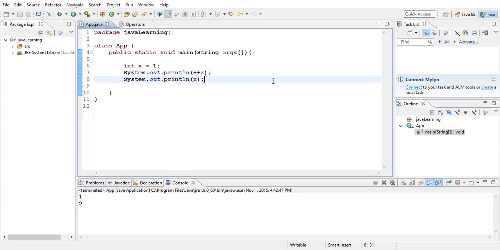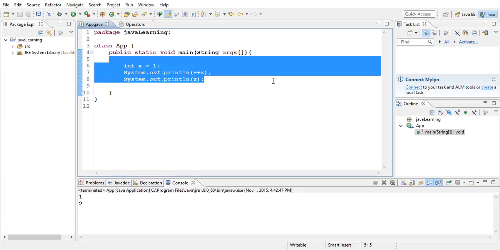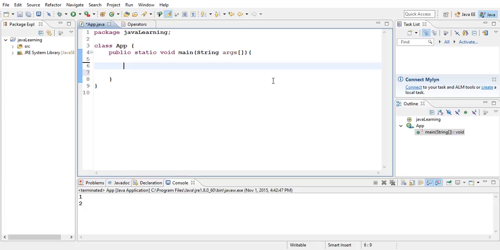So let me show you a program where we can have trouble because of these two operators. Suppose we have int a equals 5 and we want another variable b to have a value where the increased value of a is added to 1.